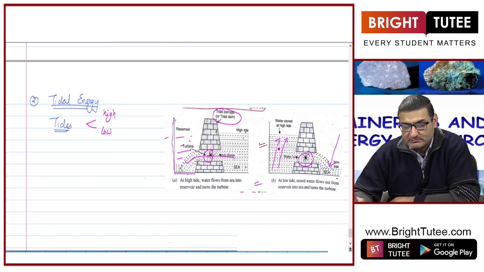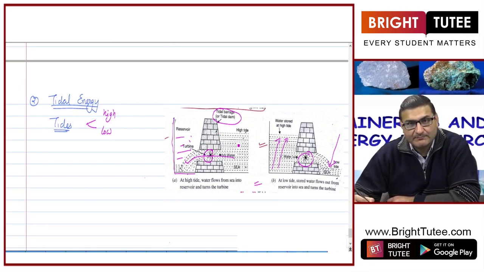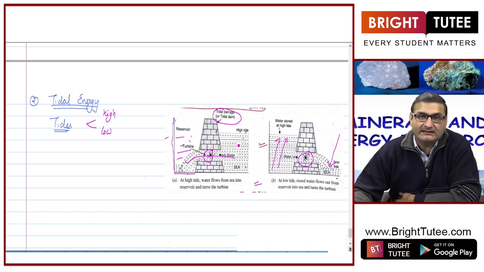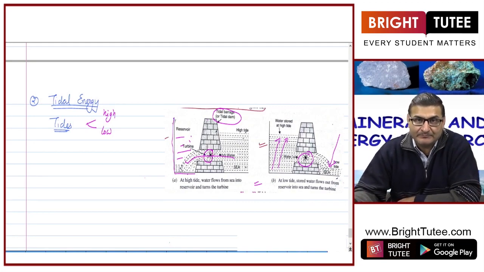Right. So this is also one of the potential sources of energy, but there are different problems. Number one, the setup cost is so high, and the tides come only twice in a day, one high tide, one low tide. So it is not worth putting in so much investment. That much worth of electricity is not generated.